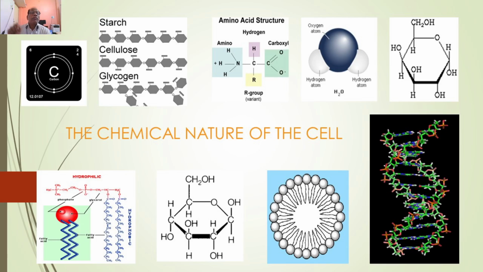So all these chemicals are useful for the proper functioning of the cells and represent the chemical nature of the cell. This includes mainly proteins, fats, carbohydrates, nucleic acids such as DNA, RNAs, different minerals and water, which we already explained in detail in the last lecture.